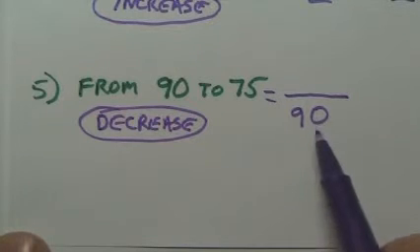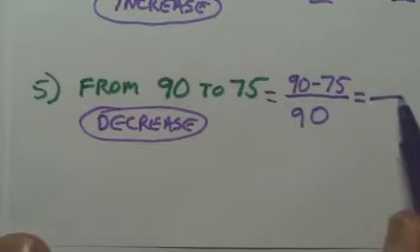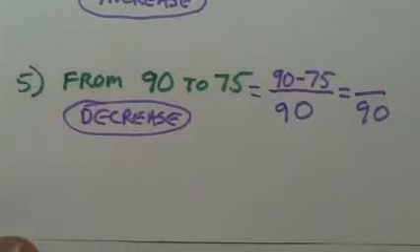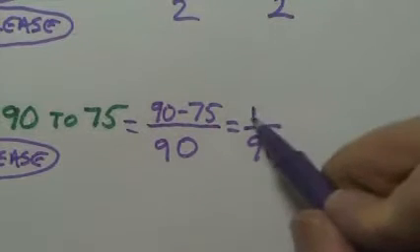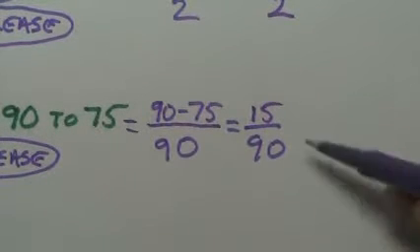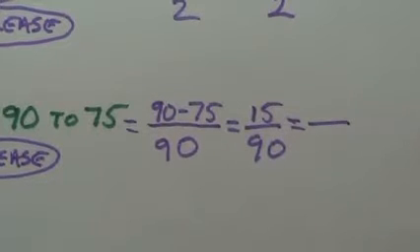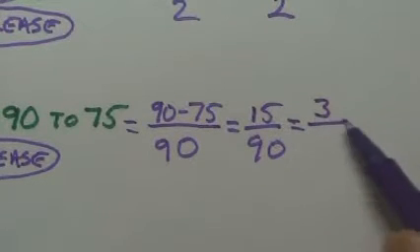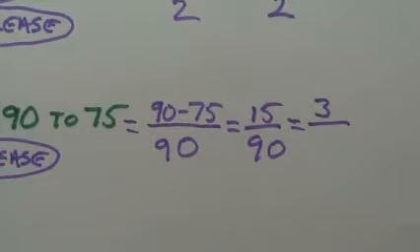The bottom number is 90. You have 90 minus 75. That's 15. And then 5 will go into both of these. 5 goes into 15, 3. 5 goes into 90.